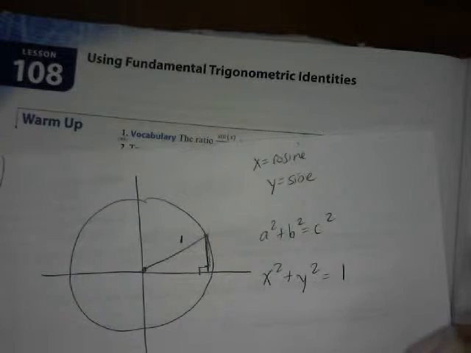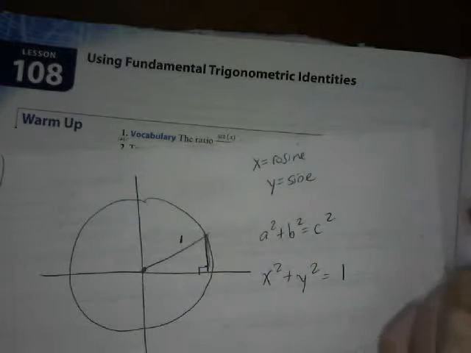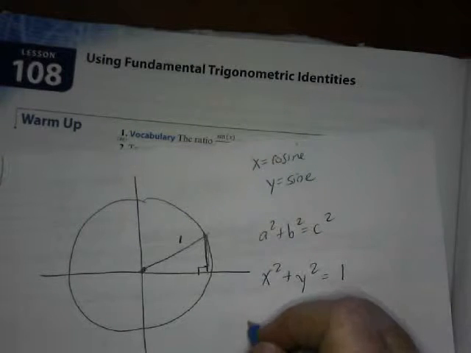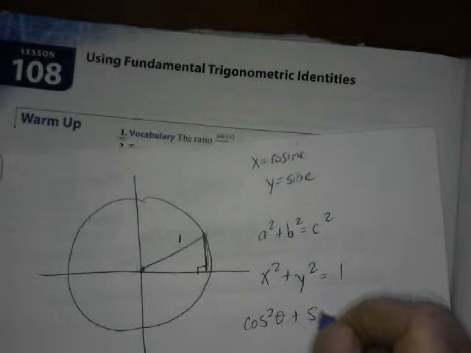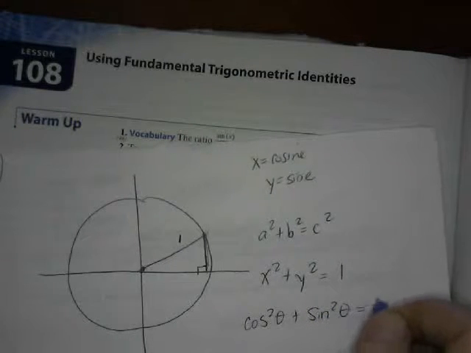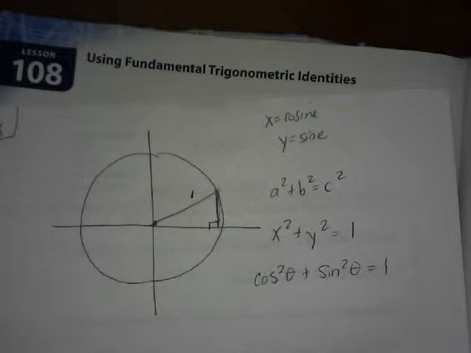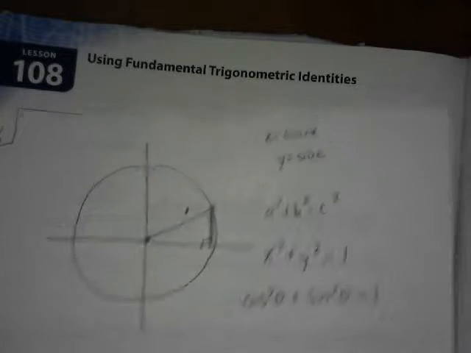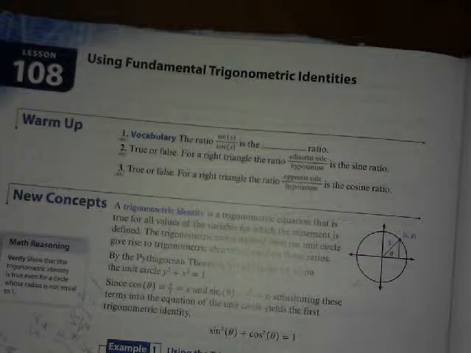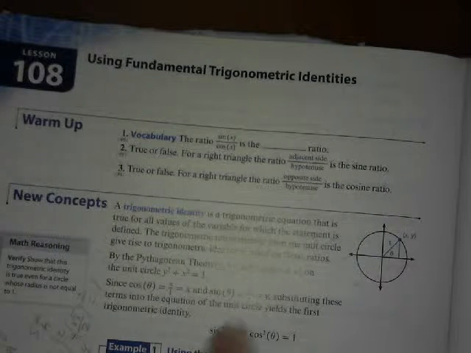It's 1. Well, x is cosine and y is sine. So I can just say cosine squared theta plus sine squared theta equals 1. I don't know if that's a nice enough explanation, but that's why it's called the Pythagorean identity. Then you can derive all the rest of them from this one, or from looking at the unit circle. So anyway, they like to just have you work with this.